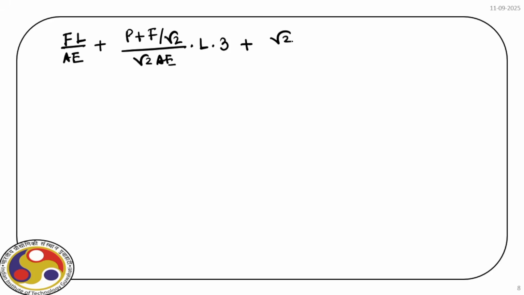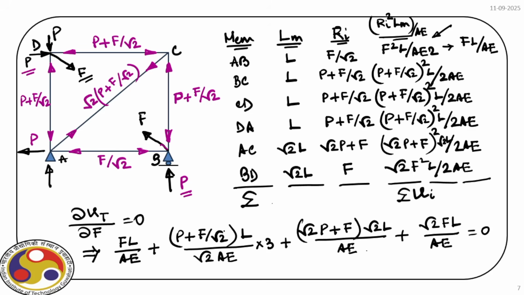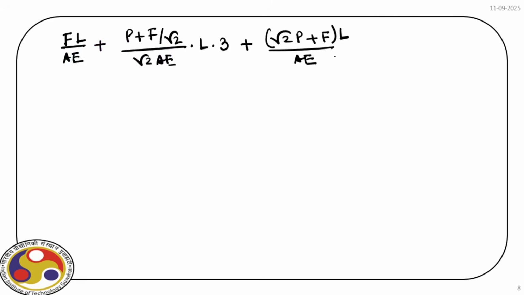So we have F L by AE plus P plus F by root 2 divided by root 2 AE times L, and we have 3 such members, plus we have root 2P plus F divided by AE, and then we also have root 2L.